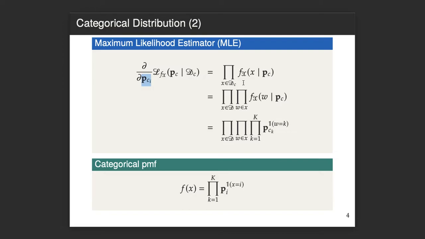The idea of the maximum likelihood estimator is to find the parameters that maximize the probability of seeing all the elements in the set DC. That is what we are maximizing, where f is the probability mass function of the categorical distribution. Given that we are modeling a categorical distribution, the probability mass function is this term.